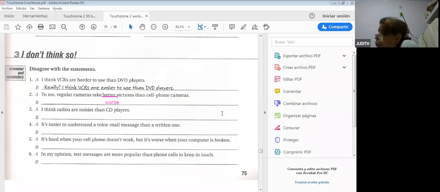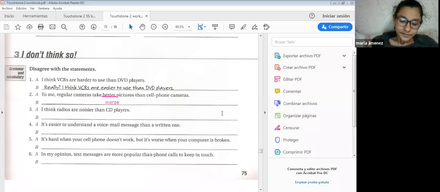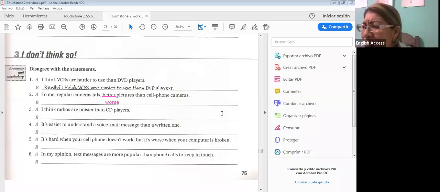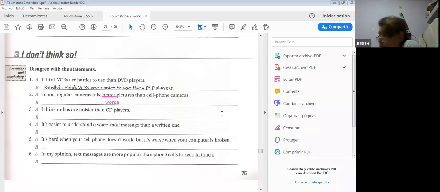Noisier. Less easier than CD players? No. Now we're comparing here. What is the comparative form? Noisy, noisier. What is the opposite of noisier?